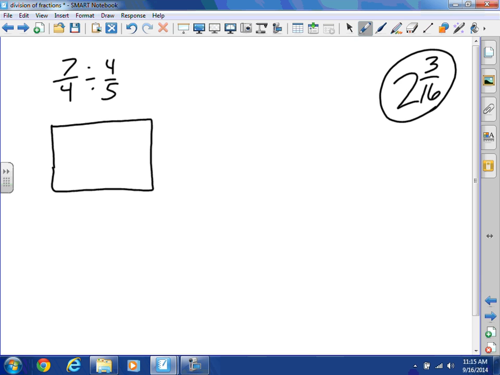So what I'm going to ask you to do is, first of all, split it into fourths. Now, because 7/4 is an improper fraction, I'm going to have to do it twice, right?